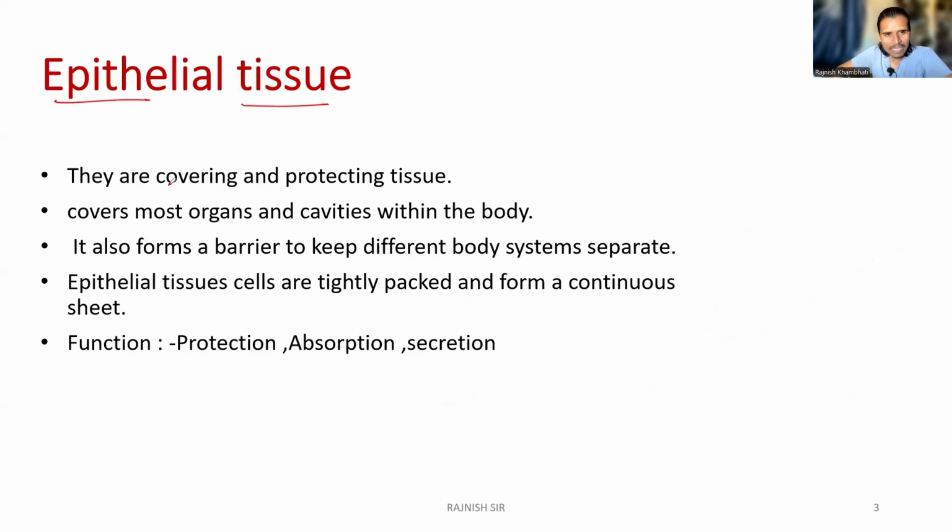Epithelial tissue means covering and protecting tissue. The simple meaning of epithelial is that it is a cover of the body. It will be covering anything where it is present, so it is covering and protecting.